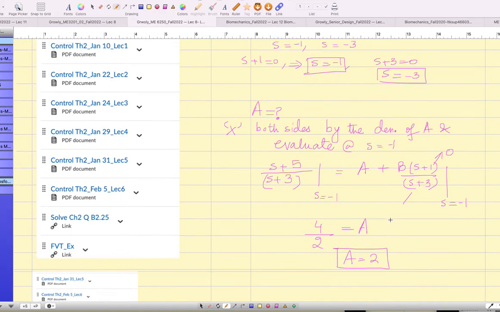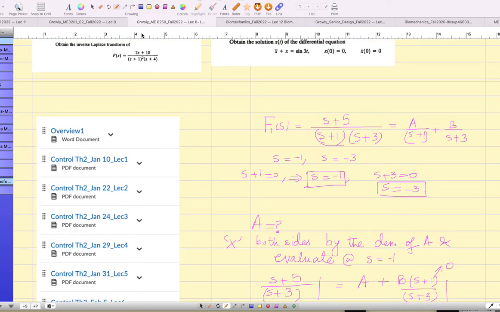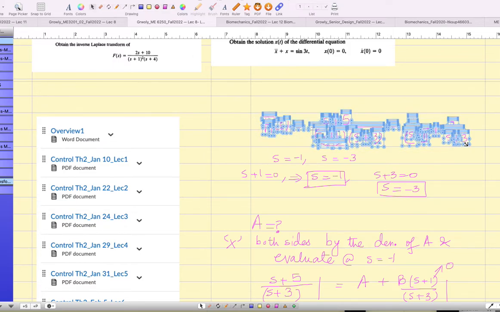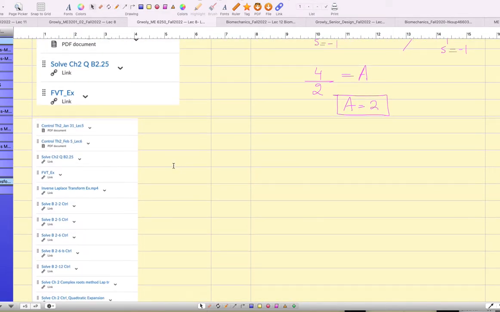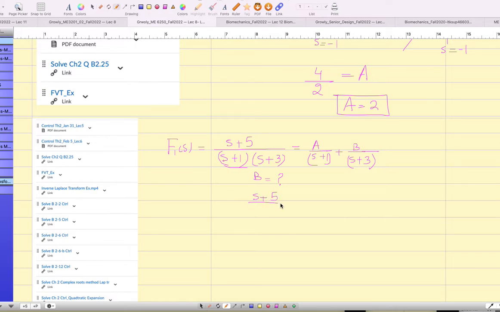Similarly, you will do the same thing for the other coefficient B. In order to find these coefficients, the first thing is to find them, and that is the way I'm explaining how to find this. So for B, let's find B. How would you find it? You see the denominator of B, you multiply both sides by s plus 3, giving s plus 5 divided by s plus 1.